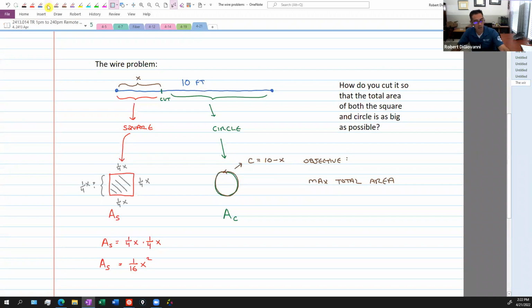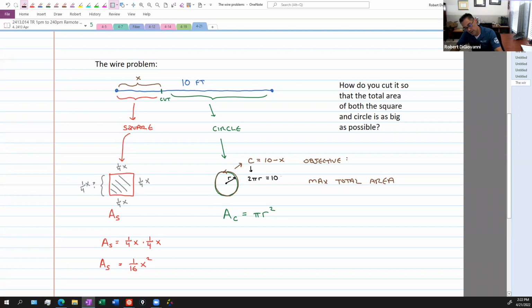Now we know the area of a circle is pi r squared, don't we? We do know that, but we don't know the radius yet. We should be able to figure out the radius because how is the circumference related to the radius? Circumference is 2 pi r, right?